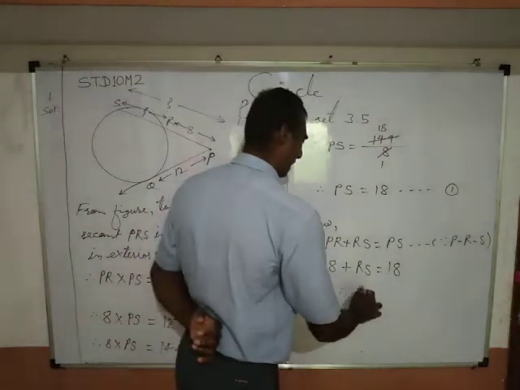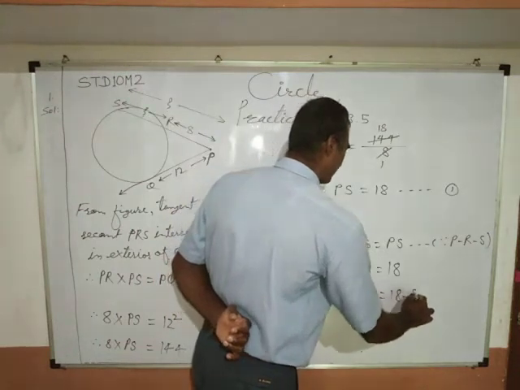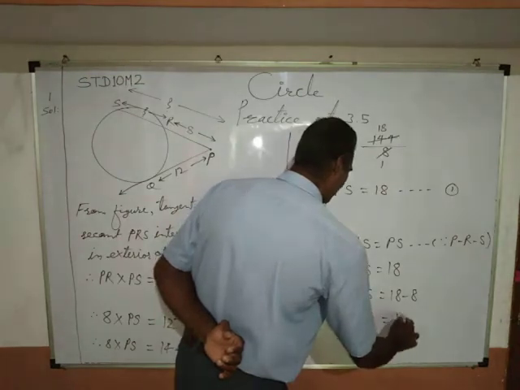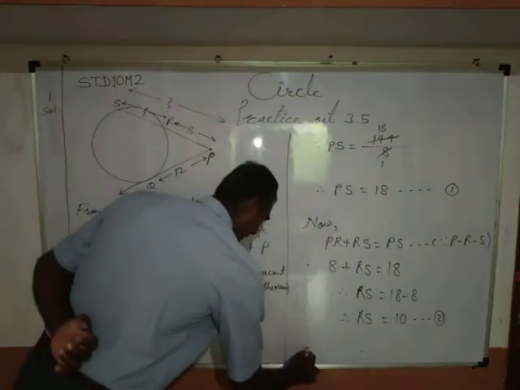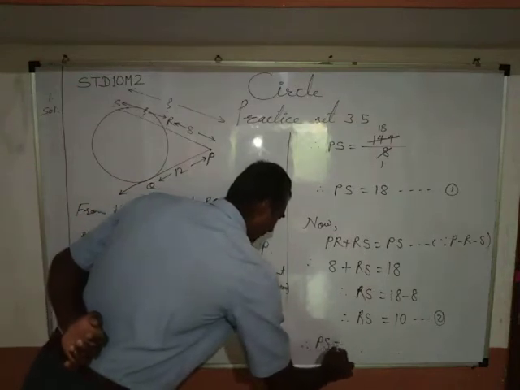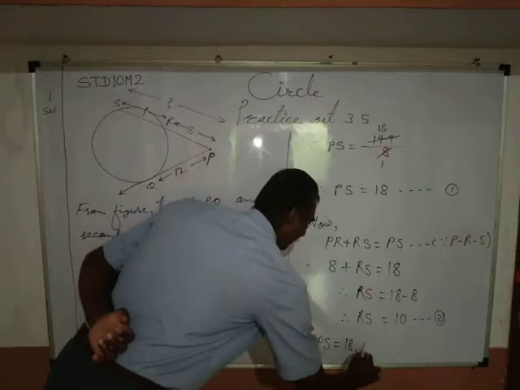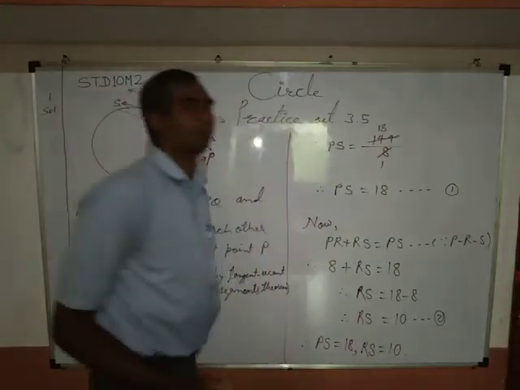Therefore RS equals 18 minus 8, and therefore RS equals 10. Equation second. And therefore PS equals 18 and RS equals 10.